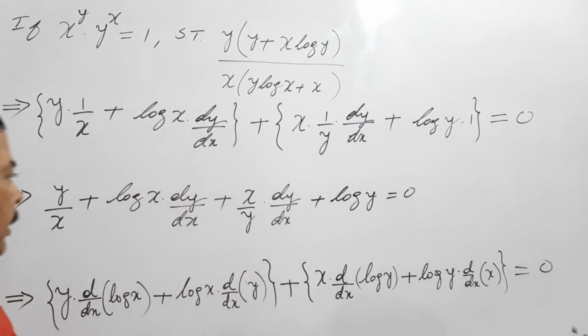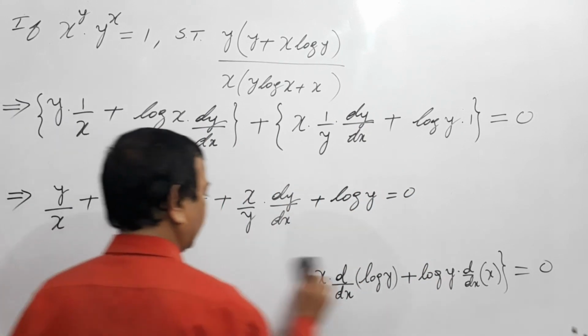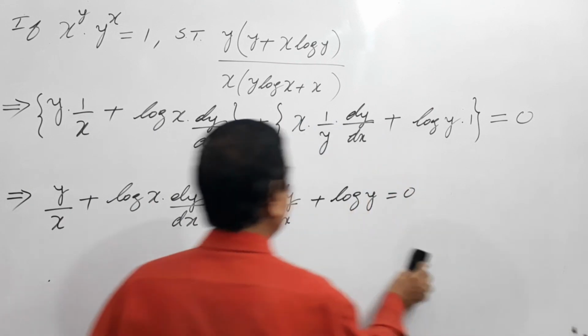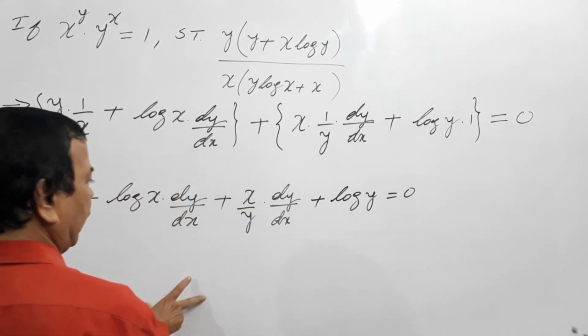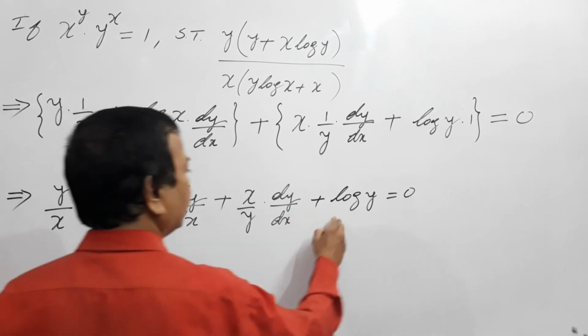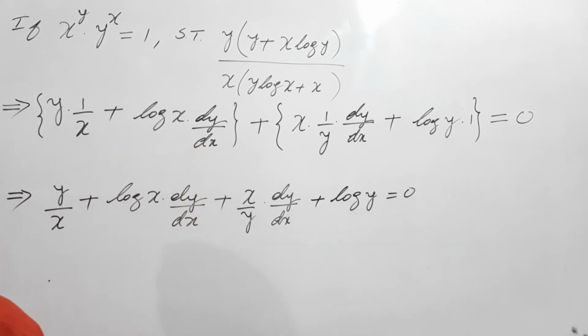Let me write one step. I'll rub this. So what I'll do, I'll keep dy by dx on the left hand side and transfer this to the right hand side. So this becomes what?